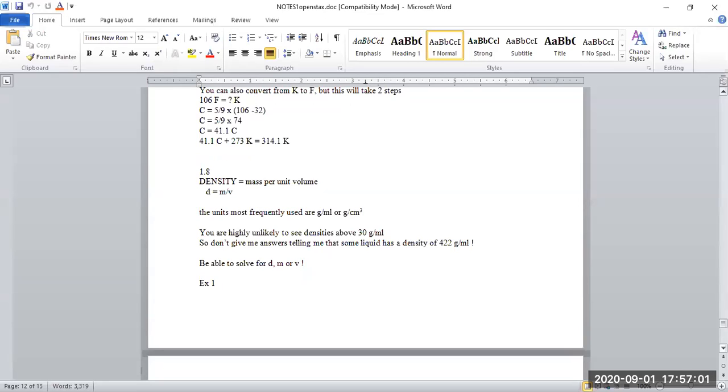Now, from a chemistry and physics point of view, the ones that you are most likely to see are grams per milliliter or grams per cubic centimeter. Both are actually the same thing because 1 milliliter is 1 cubic centimeter. However, I will say that liquids are often reported with the milliliter as the bottom unit, whereas solids are often reported with the cubic centimeter.